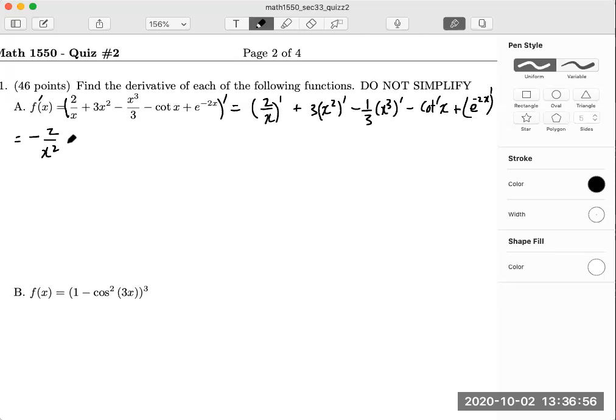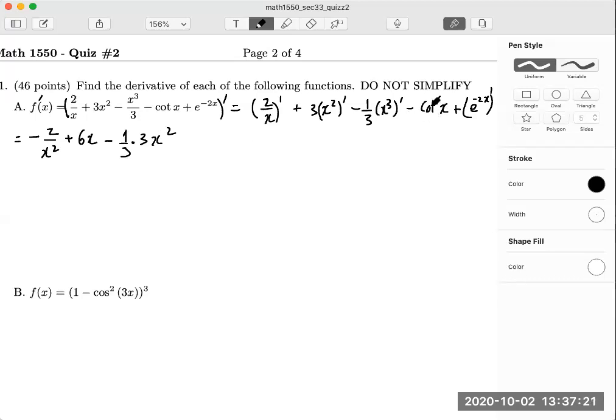Very good. And the next one: negative x squared. Very good. 1 over 3 times 3x squared, right? And 3 will cancel with 3. Very fast. Very good.